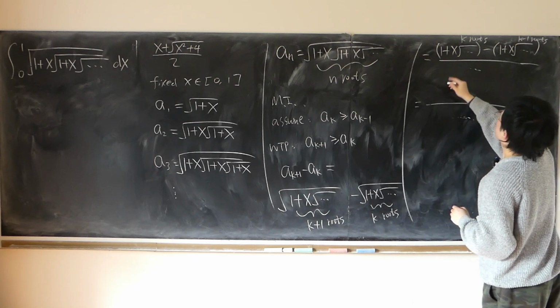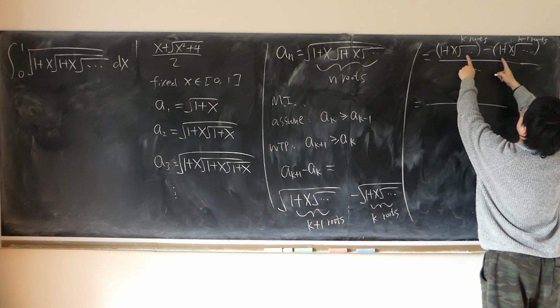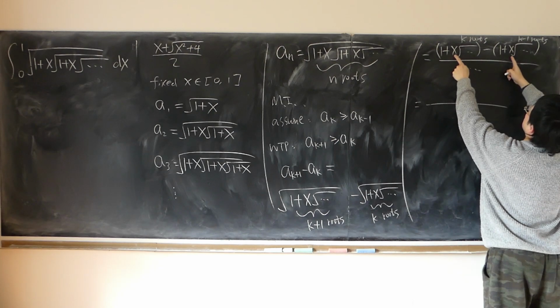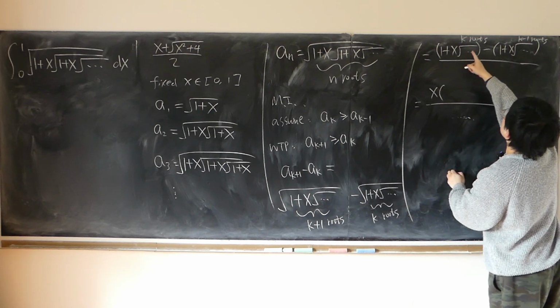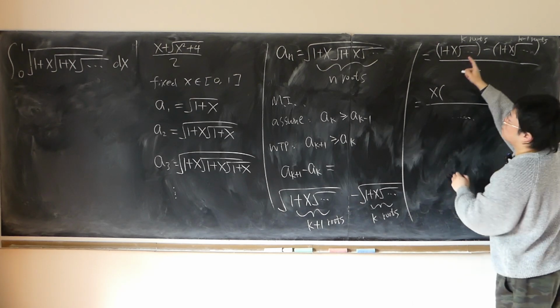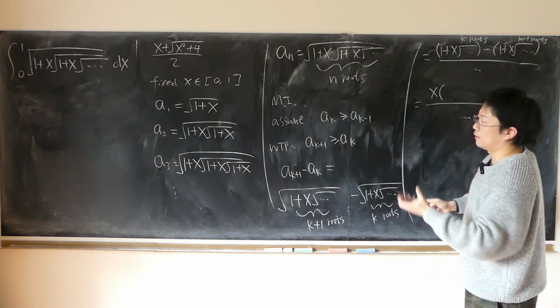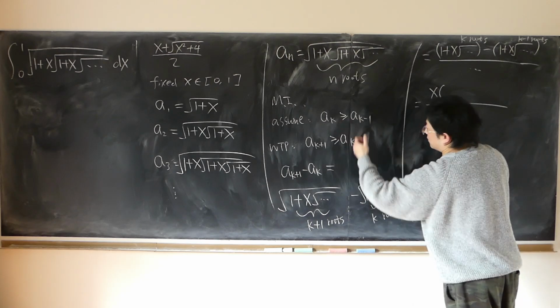Which means 1 minus 1 is gone, so this minus this, but still x is a common factor. So this has k roots, which means it must be equal to ak. Like I said, the number of roots is the same as the subscript.